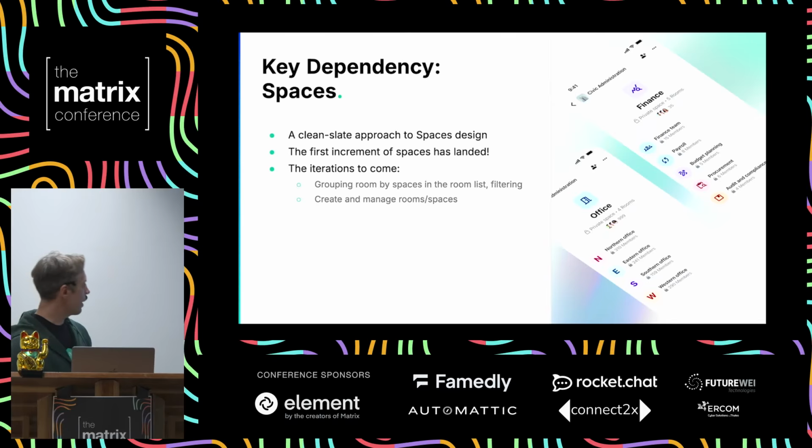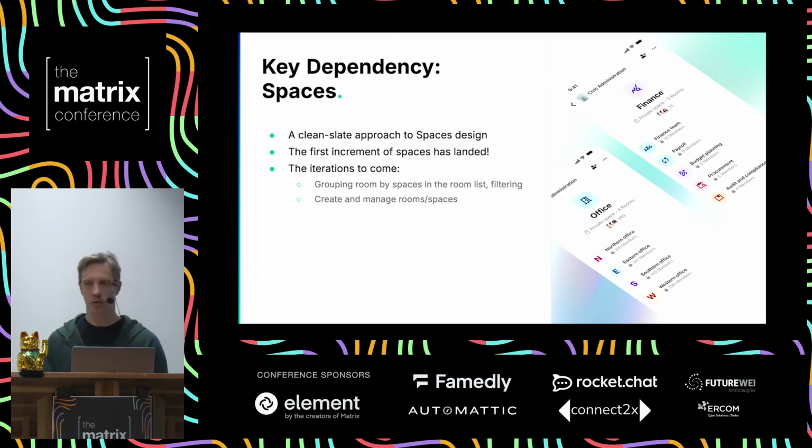Now, the very good news is that the first increment of spaces has landed. If you still don't see it in your apps, then just try to update your apps. It should be there. The first version or increment we have been calling the read-only version, that allows you basically to see the spaces you have joined, see the rooms in those spaces, join the rooms, and accept invitations to spaces.